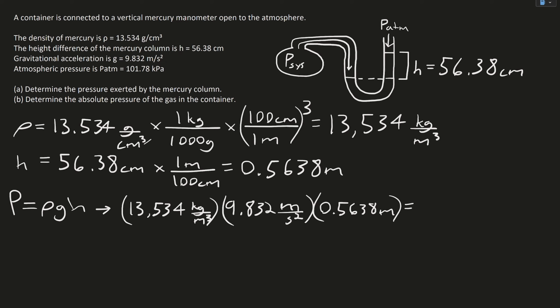This gives us our pressure of 75,022.38 kilograms per meter second squared.